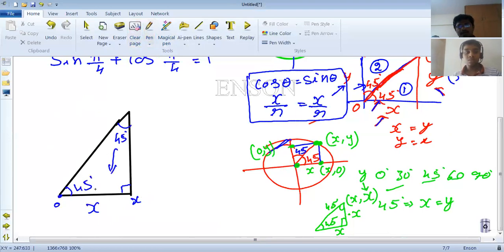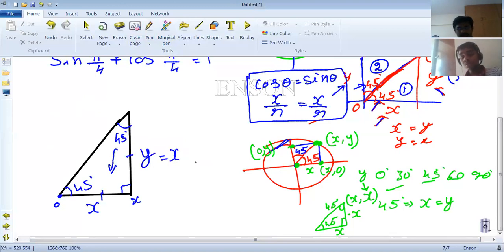And as we know, this is an isosceles triangle. Why? Because two angles are equal. Then the opposite lengths also must and should be equal. So we know already this is y, but according to the angle 45 degrees, y will become x only. Why? Because it is an isosceles triangle. So in every isosceles triangle, y is equal to x.